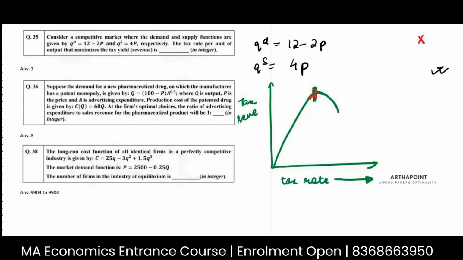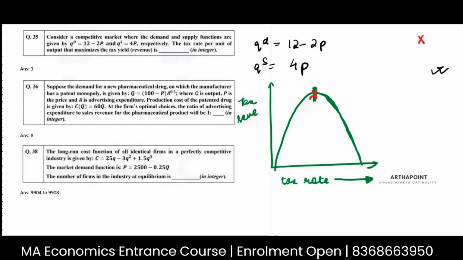So imagine that if tomorrow the government tells you that I will charge 100% of your income as tax. If the government starts charging 100% of your income as tax, then in that case, you will stop working. There is no incentive to work. And if there is no incentive to work, then there will be no tax revenue collected because people are not working. So actually this Laffer curve touches the x-axis again, something like this it is drawn.